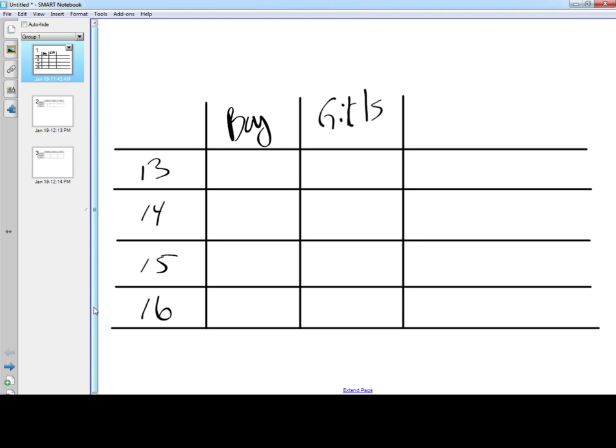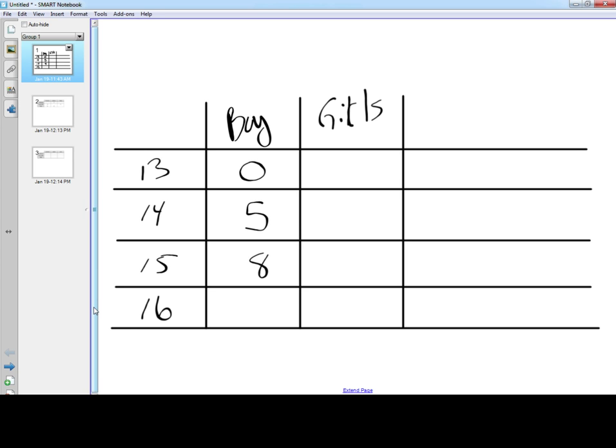Okay. So, how many boys do we have total? Actually, raise your hand if you're a boy and you're 13. 0? If you're a boy and you're 14. 1, 2, 3, 4, 5. If you're a boy and you're 15. 8.